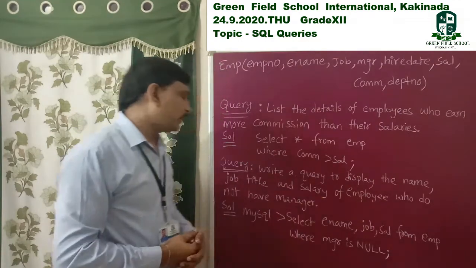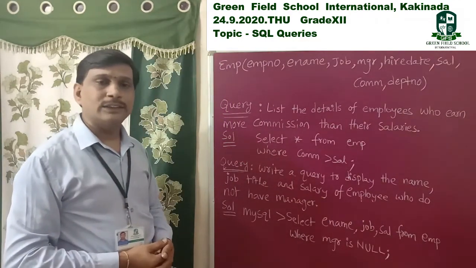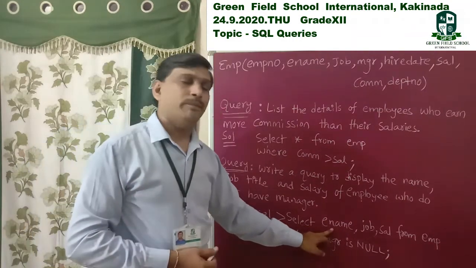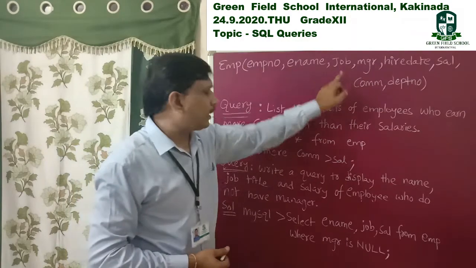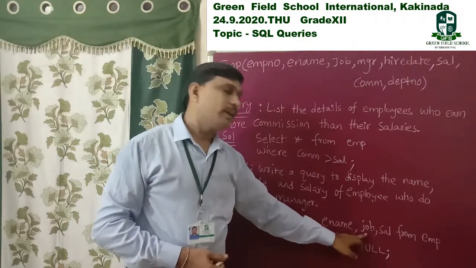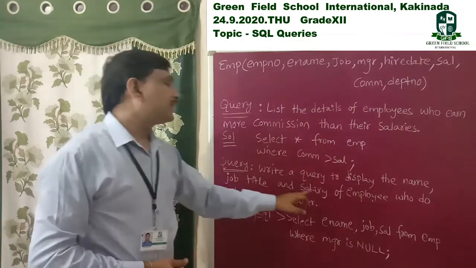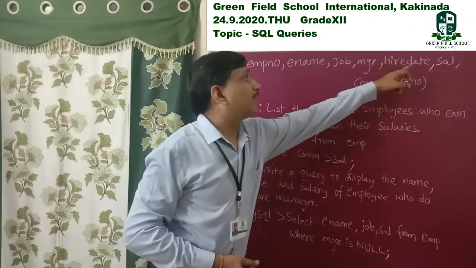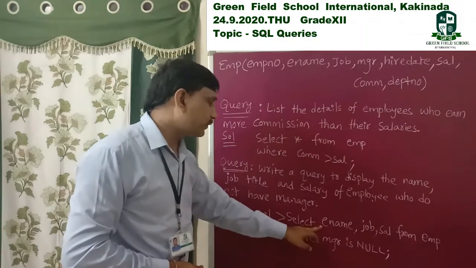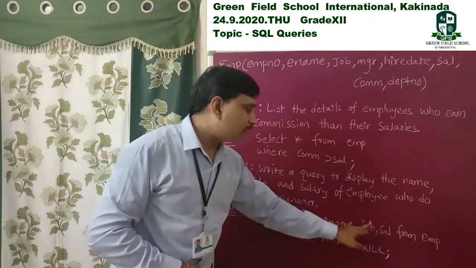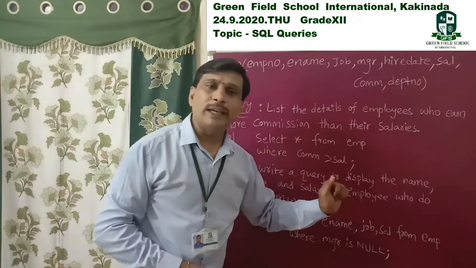Which details? Name, job title and salary of the employee. So they are displaying only 3 columns: employee name, job, and salary, SAL. That's why we specify name, job, sal. From which table?